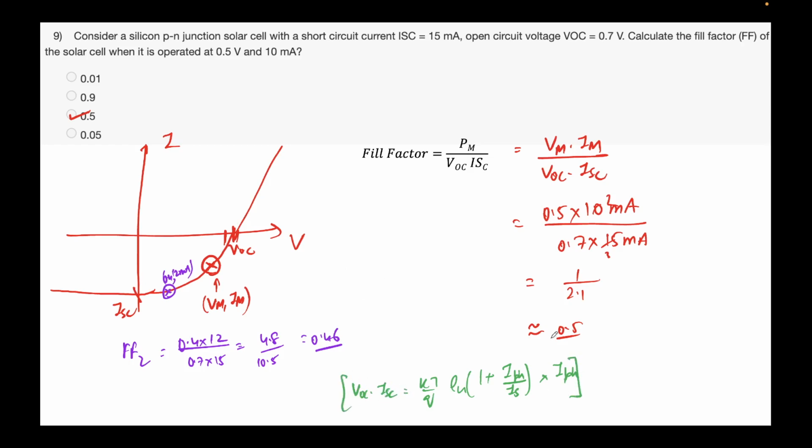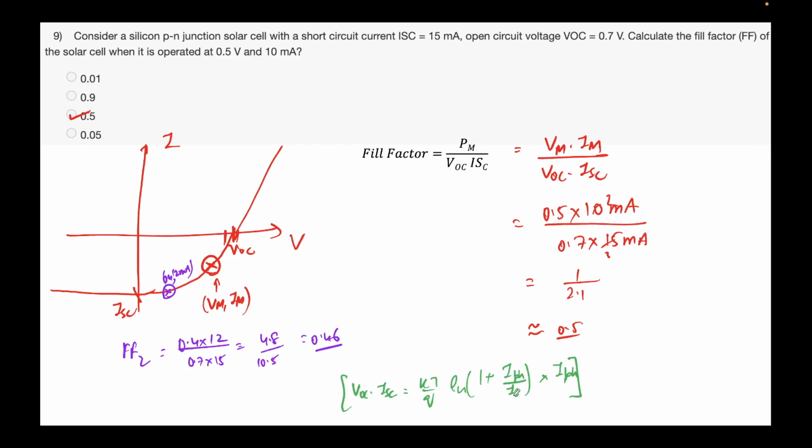What you can do is play around with different parameters. I photon depends on the optical generation rate, which in turn depends on the spectral density that you have. Often that's not under our control, but what is under our control is IS.